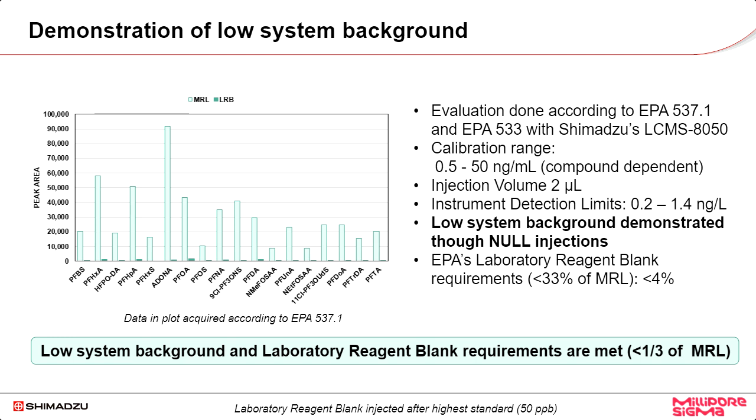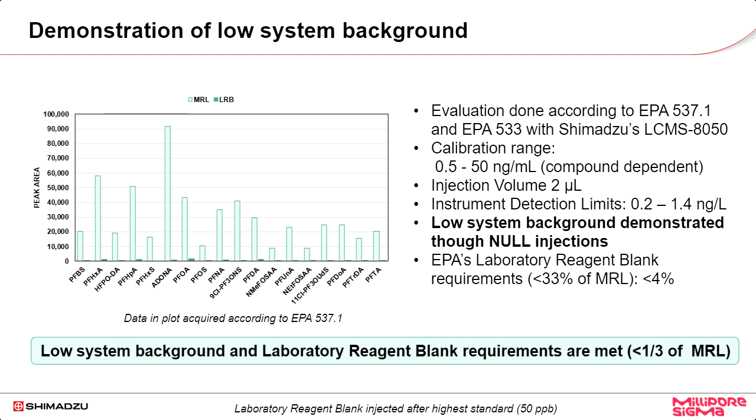The null injection is an injection of only mobile phase. There is no external sample introduced in the system. So basically, it's a plug of solvent that goes through the gradient and runs through the whole system.